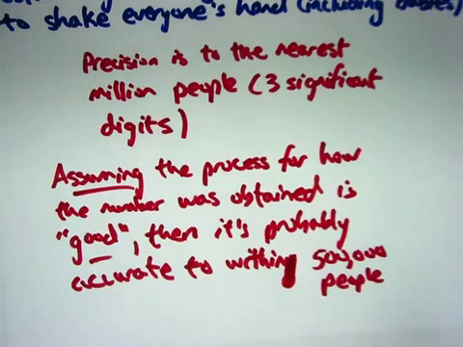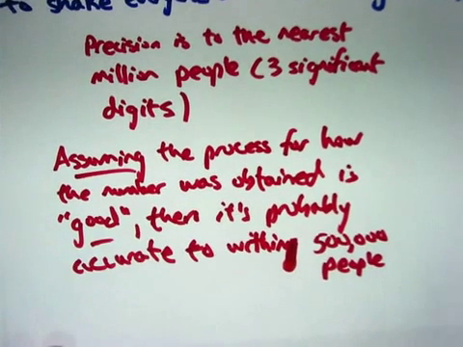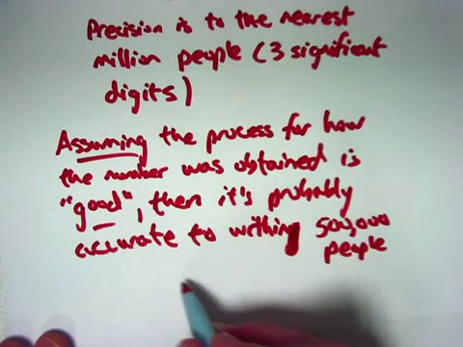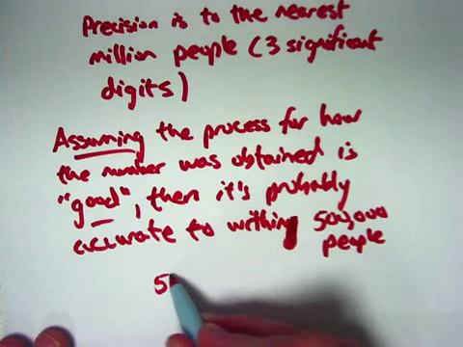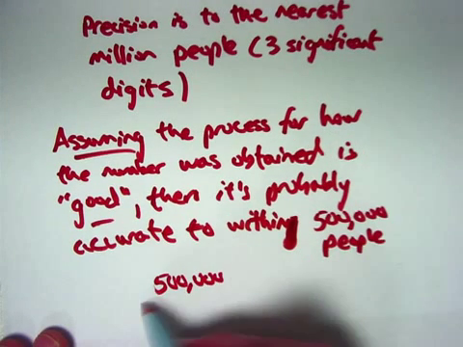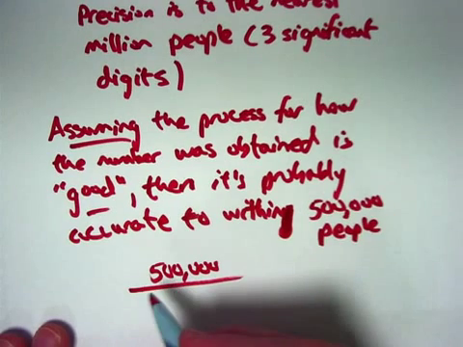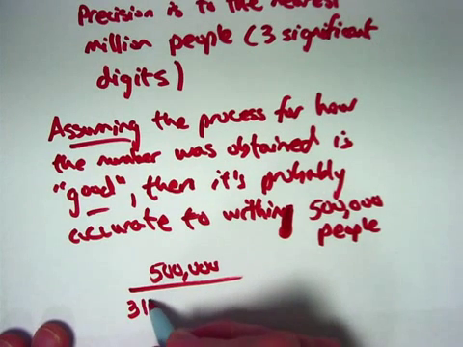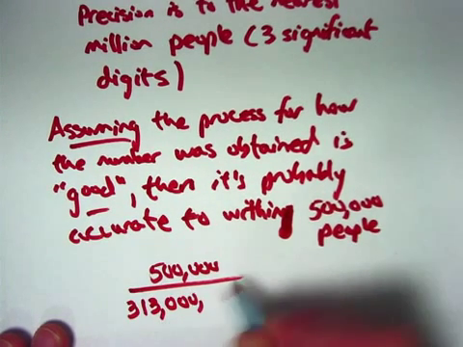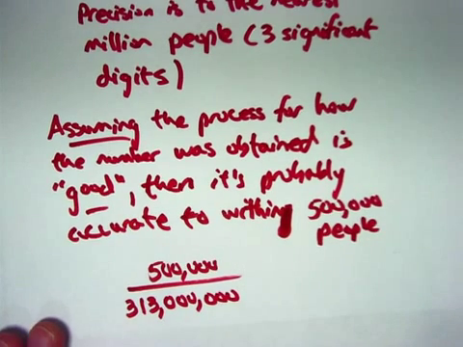You might want to write that as a percentage, a relative accuracy as well. And if you did that, you'd have to take the 500,000 and divide by 313 million. And if you write that out the long way, you write it out like that.